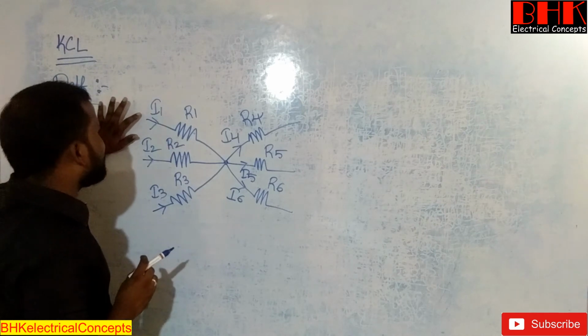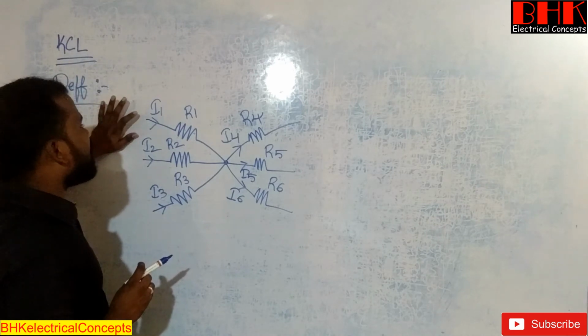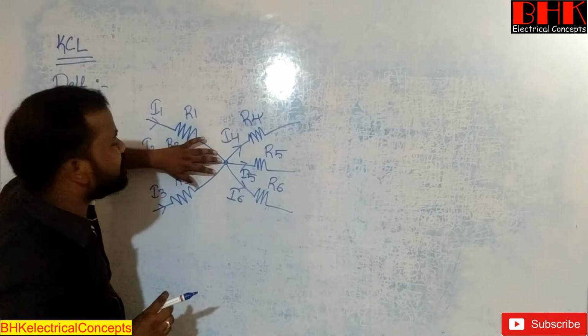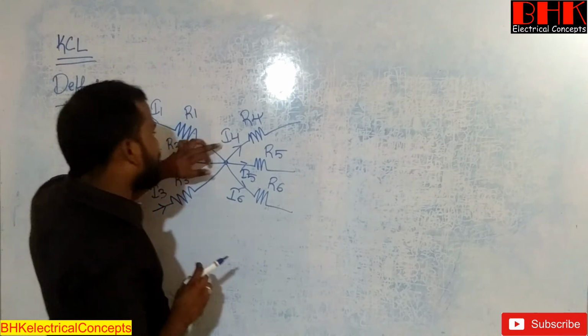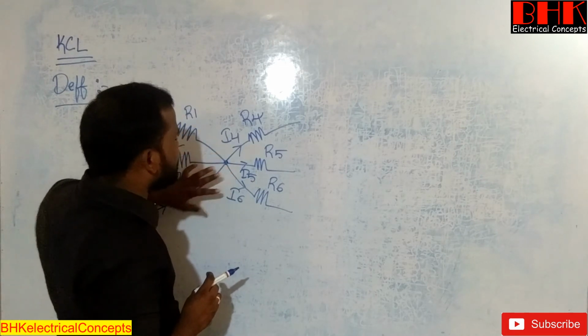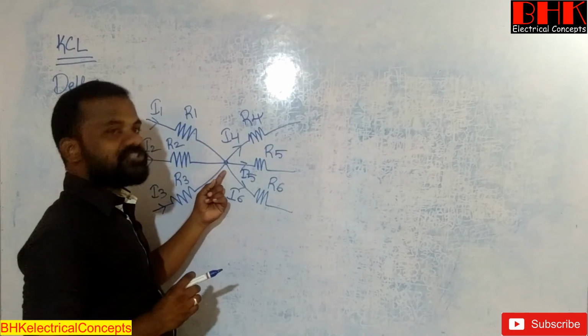Observe the directions of currents here. The currents flowing in R1, R2, R3 are all incoming to this junction point, and I4, I5, I6 are all outgoing from this junction point.